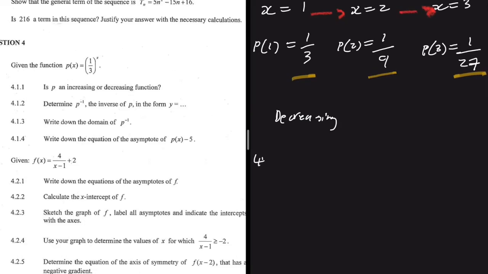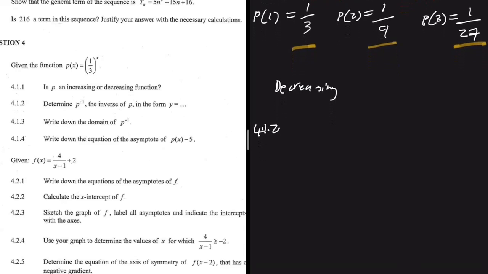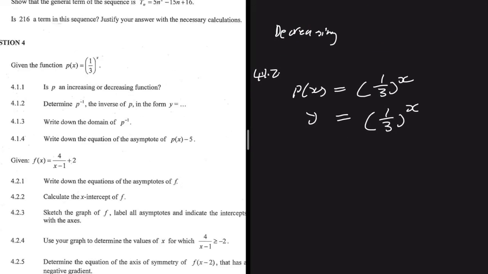And then 4.1.2, determine P inverse, the inverse of P, in the form y equals. So we have P of x being equal to 1 divided by 3 to the power of x. Instead of P of x, let's just put y in there. So we have y equal to 1 divided by 3 to the power x. When you want to find the inverse, the first thing you want to do is to swap x and y, right?